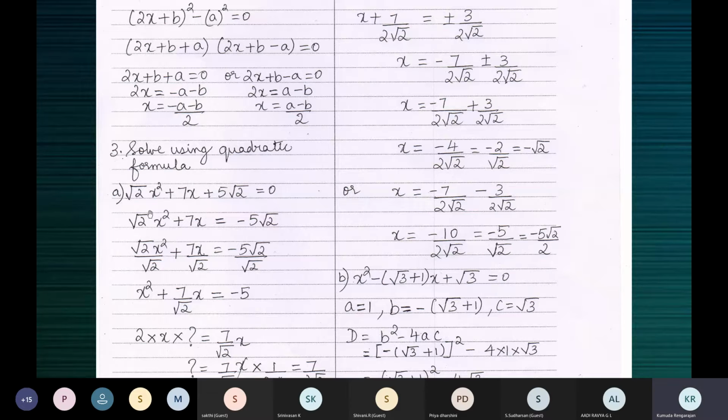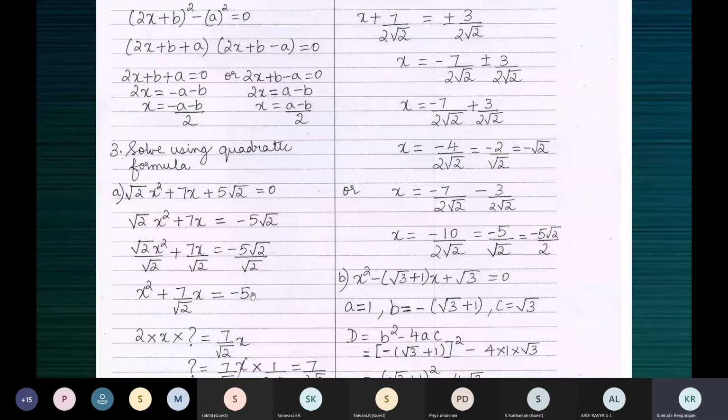So the first step is to transpose that c term. This is the x square term, this is the x term, and this is the constant. Push it to the other side. So minus 5 root 2. That's the first step. Then we divide by the coefficient of x square. So dividing this term by root 2, this one by root 2, and this one also by root 2.